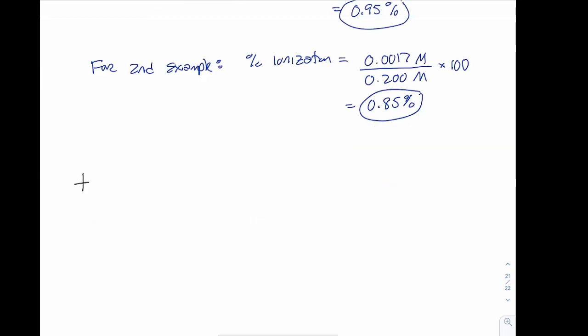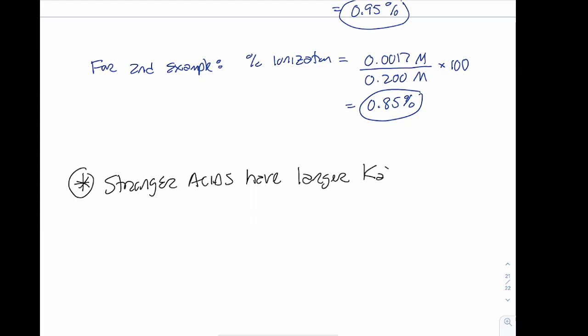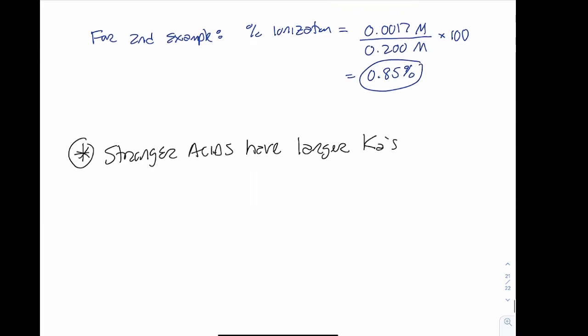The stronger the acid, the larger its value for its equilibrium constant, right? Stronger acids have larger equilibrium constants, right? Larger Kas.